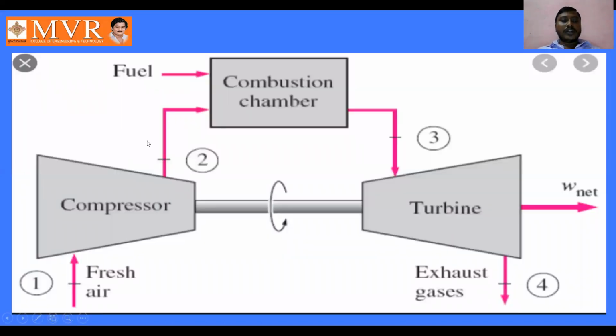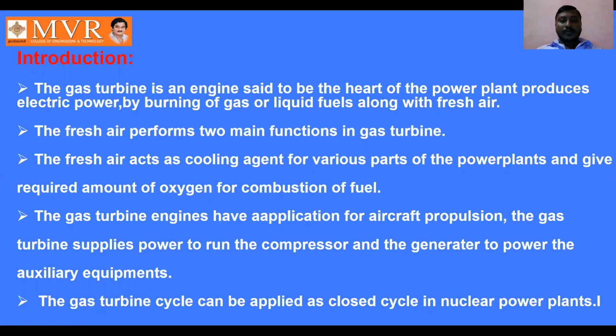I have explained here in the diagram how the air enters into the compressor, how the air is compressed, and how it gives high pressure, high temperature air to the combustion chamber. And here in the combustion chamber, how we supply the fuel and how we generate the power output, electric power output.